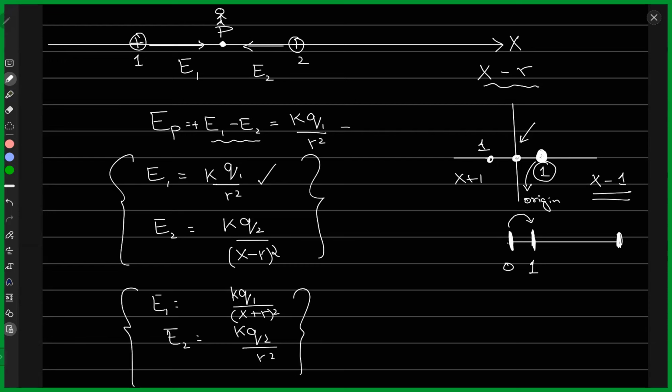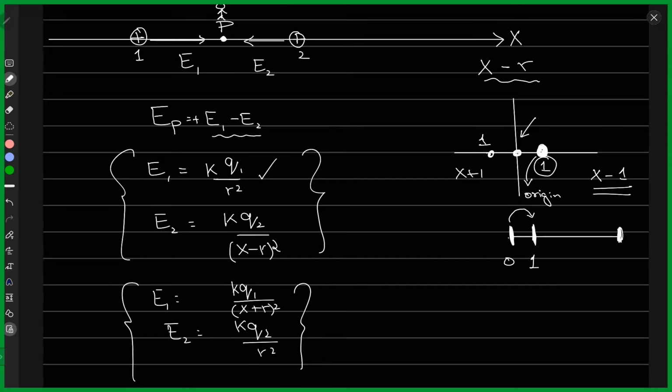The reason that they're exactly the same thing will be clear when you put these two, E1 and E2, in this expression for EP, you'll get the same result, right? You can check that yourself. So now putting any of these in EP, I'll write EP down over here.